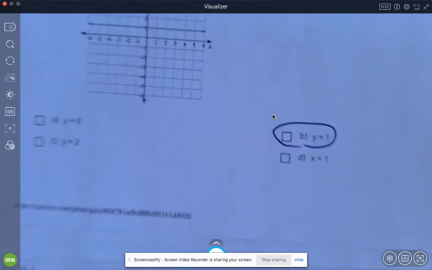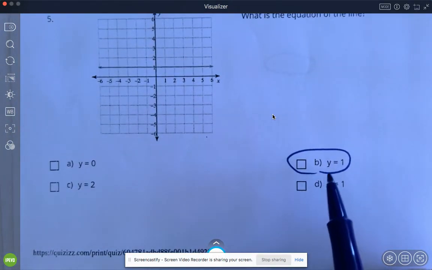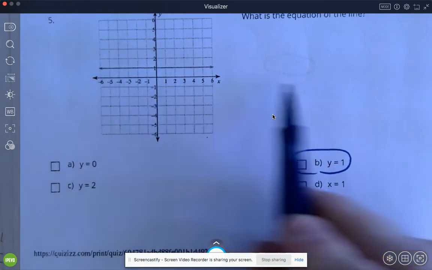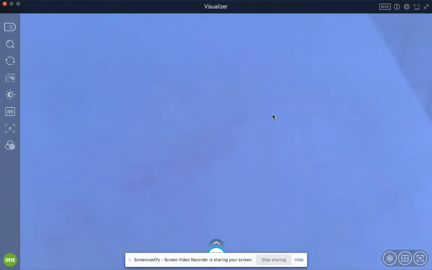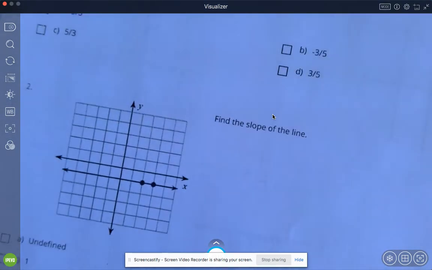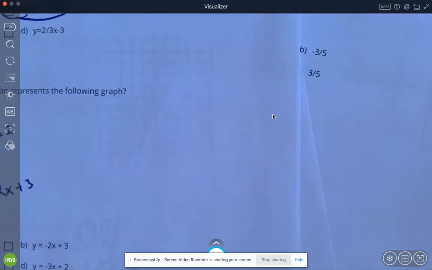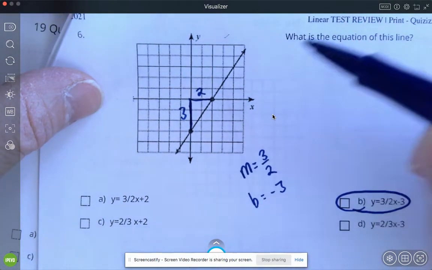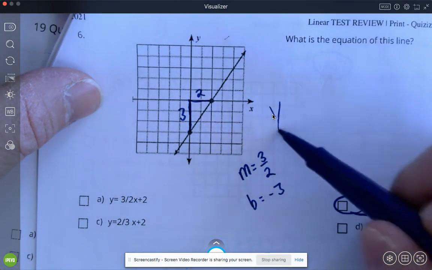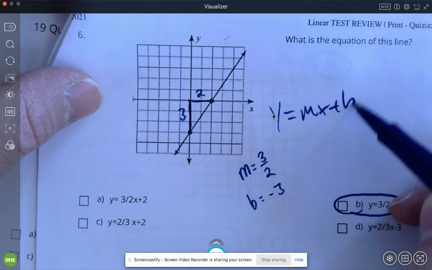Speaking of equations for lines, a horizontal equation, like we just saw, was y equals 1. For number 6, you're going to have to write some equations. Easy peasy. When you write the equation, it's y equals mx plus b.